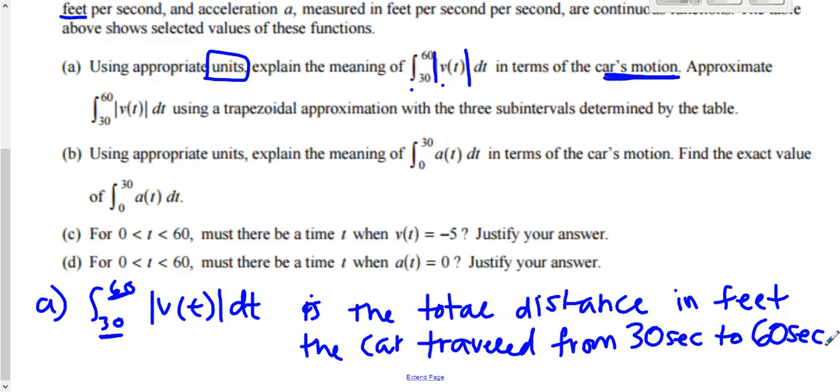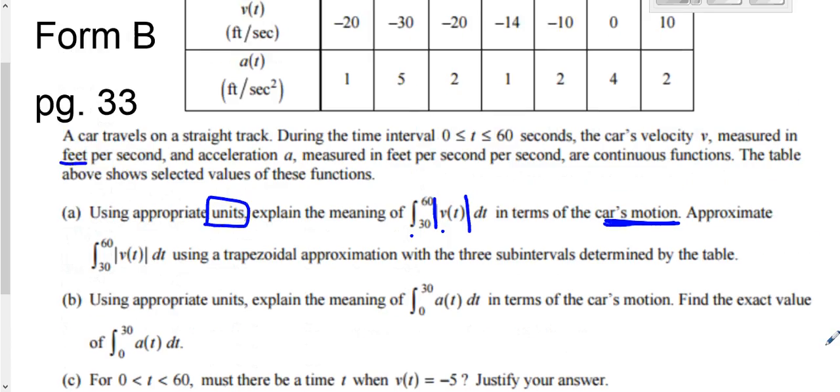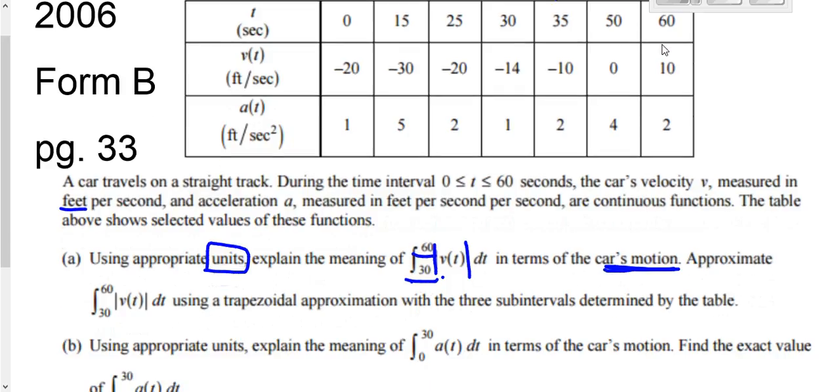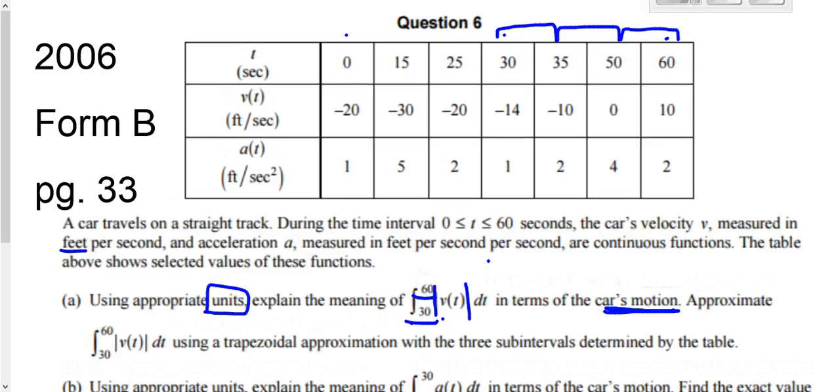Now it says approximate that integral using a trapezoidal approximation with 3 subintervals. We're looking from 30 to 60. This table goes from 0 to 60, but we only need to look from 30 to 60 for this problem. So we will have one from 30 to 35, from 35 to 50, and 50 to 60. When we are taking these absolute value bars, this is a little bit different than we've done before. We're taking the absolute value of the velocity.